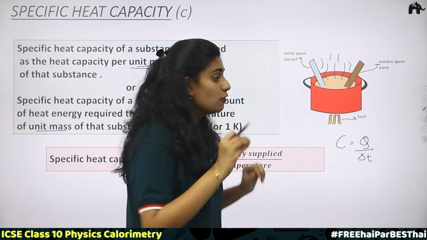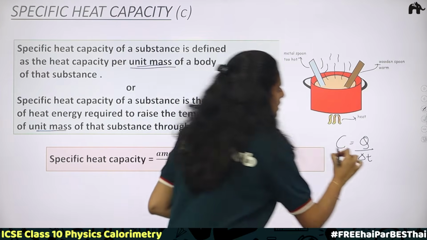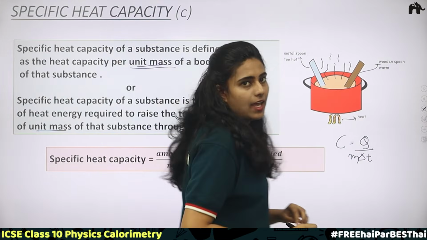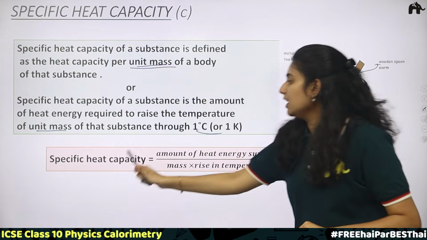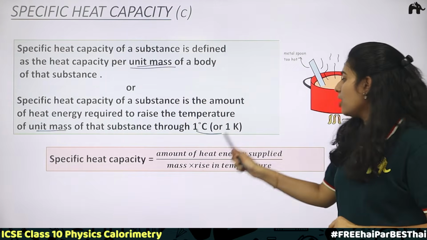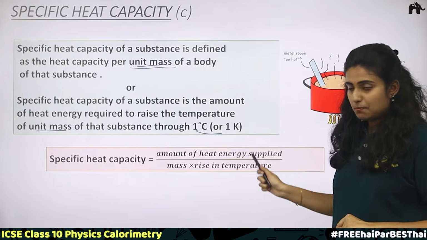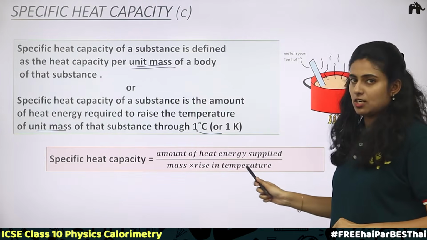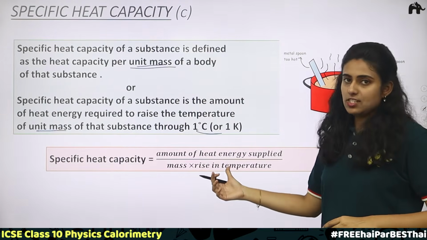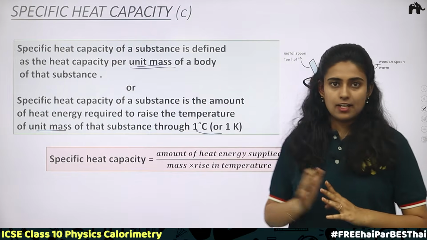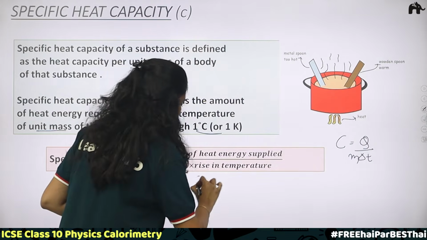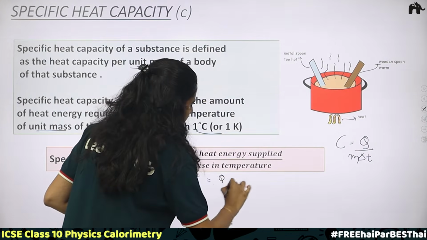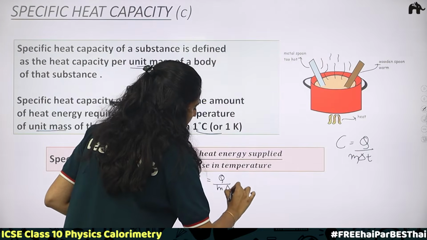Now we are considering a unit mass, so there will be the mass m. Therefore, specific heat capacity is equal to the heat energy supplied divided by mass into change in temperature. Clear? That is, small c is equal to Q divided by m delta T.